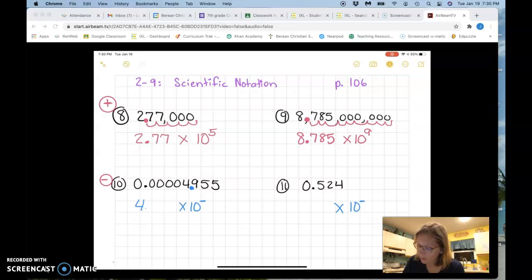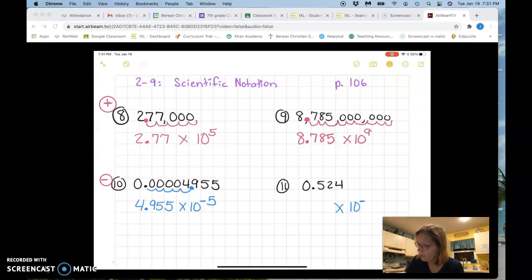Rewrite the number without all the zeros. And then let's count the spaces or the hops from the original decimal to the new decimal. 1, 2, 3, 4, 5. And it's a negative 5 because it's a small number.